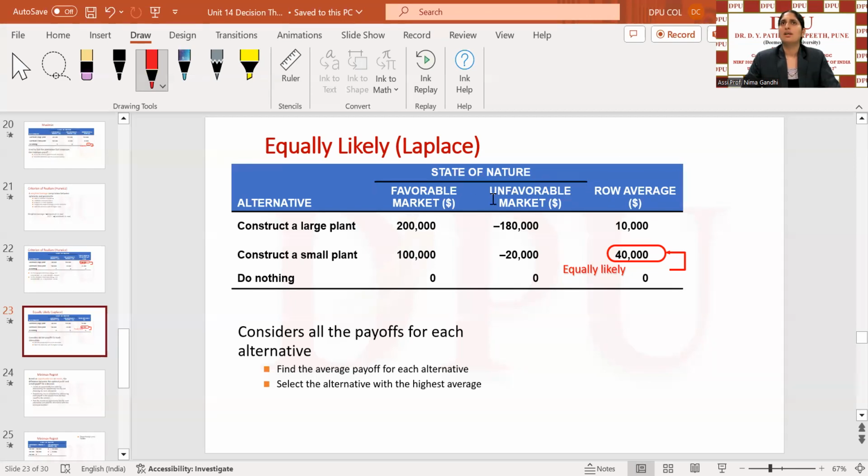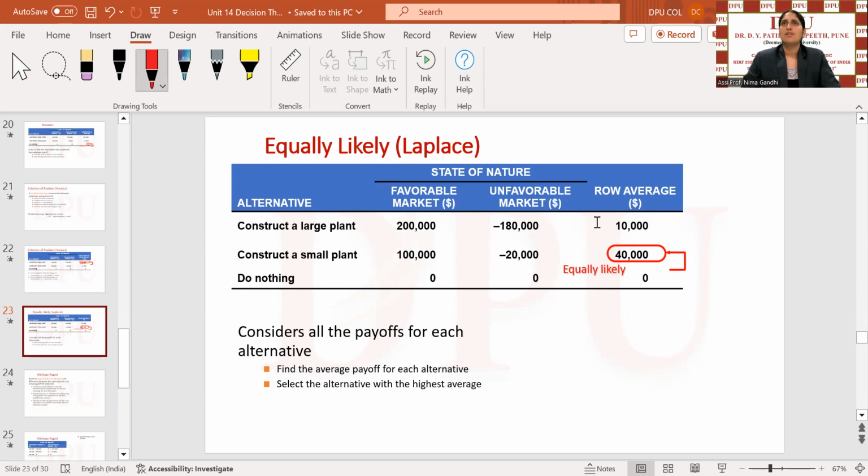So when you give equal weightage to each of the alternatives, ultimately you are finding out the arithmetic mean. Okay, so you are finding out the arithmetic mean for these alternatives because you are giving equal chance. So 2 lakh plus minus 1,80,000, that is 20,000 divided by 2 is 10,000.